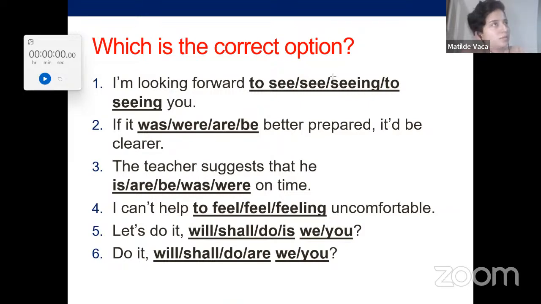I mean, it's different if I say I look forward. Yes, just the tense is different, but the meaning would be the same. But actually, to make that with the meaning we want here, we need one element over there. So what could it be? You tell me. To see, seen, or to seen? What could it be?